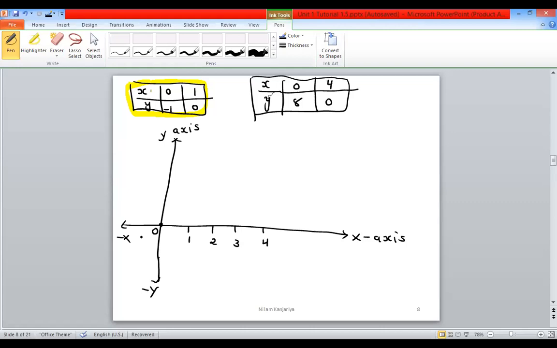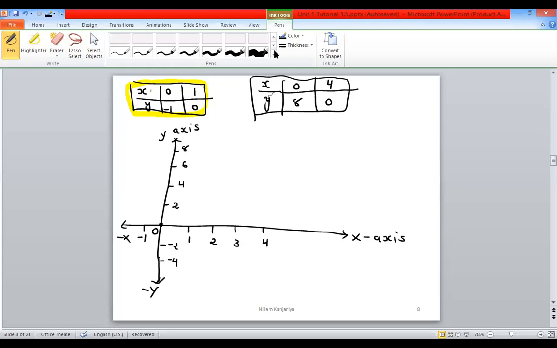And here this is minus 1. The highest value of y is 8, so I choose 2 units distance. Here is the negative number, but it's not required, so just leave it.